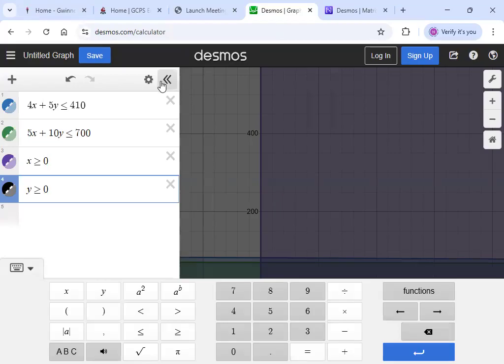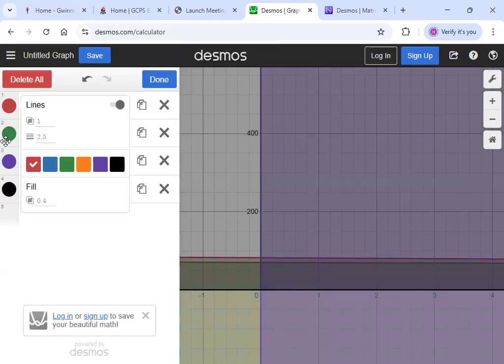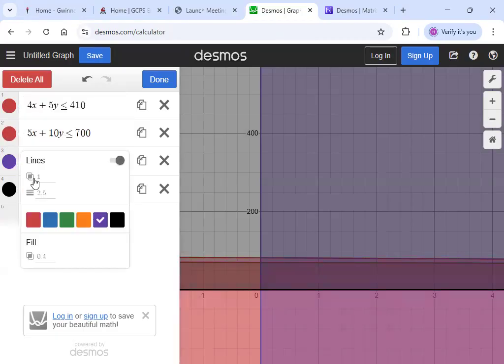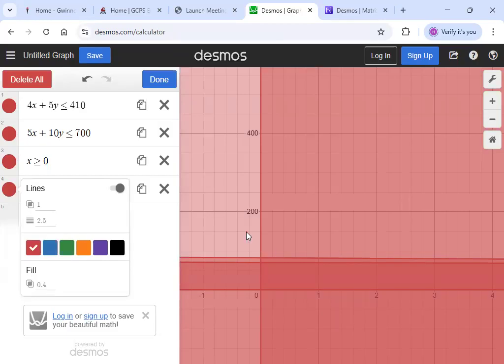And I'm going to use that trick about making everything the same color. I like red really because it's the first color choice. Use whatever your favorite color is.